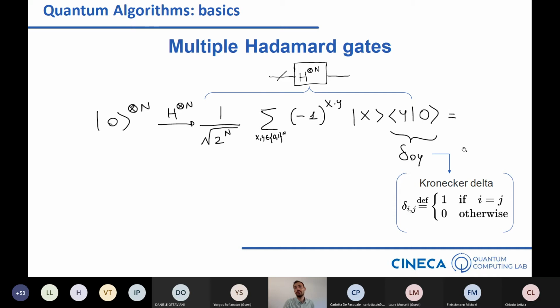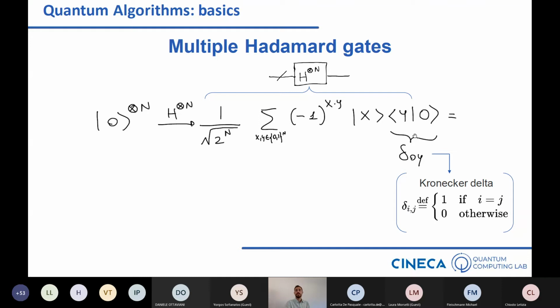This is 0 every time, except when y is equal to 0. In this case, it's a scalar product between 0 and 0, which is 1. So you usually define this with the Kronecker delta. It's a function that is exactly 1 when i and j are equal and 0 otherwise. And this is actually what happens here.